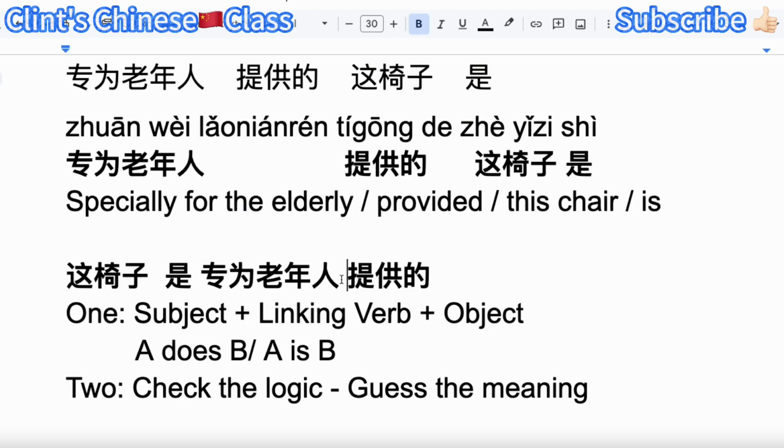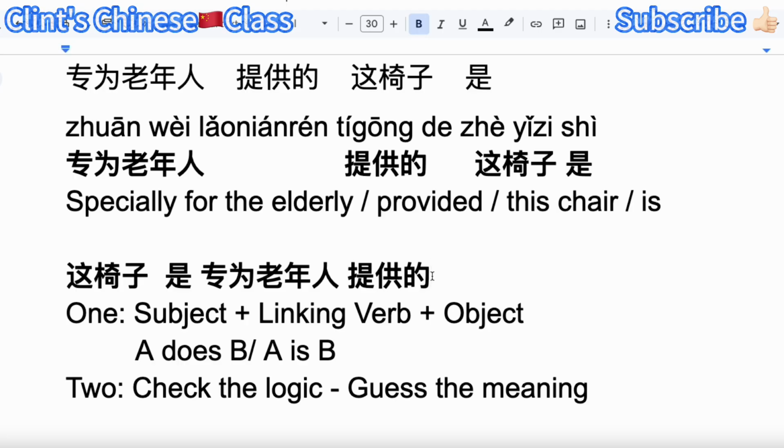Well, you may wonder why not put this 专为老年人 after this 提供的, because here we need a noun, right? And the truth is 专为老年人 is not a noun. It's not a noun phrase, so you cannot add it over here, right? Then where is the noun? We have no more nouns. Then what about this phrase?